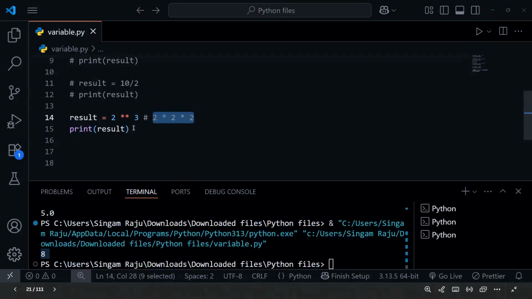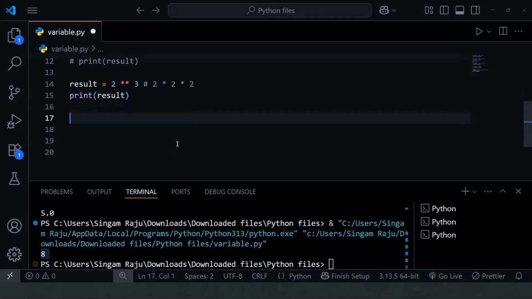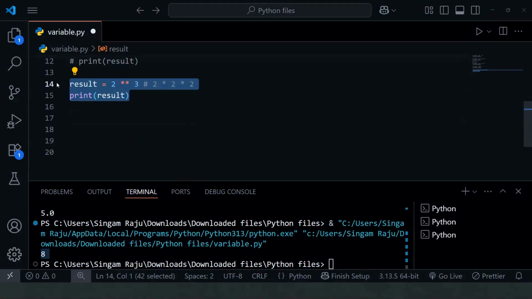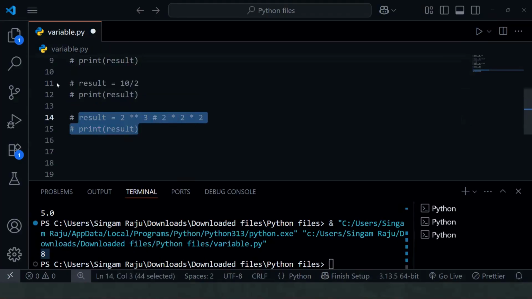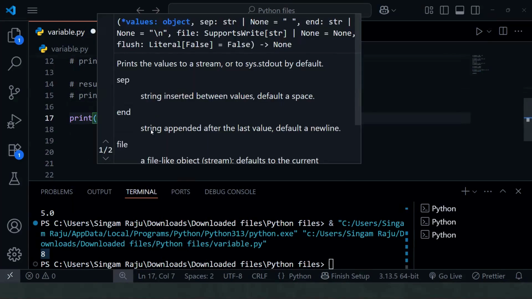And now we also have to cover one more operator, which is modulus. It's like when you're dividing two numbers, whatever the remainder is. For example, print 7 by 2.